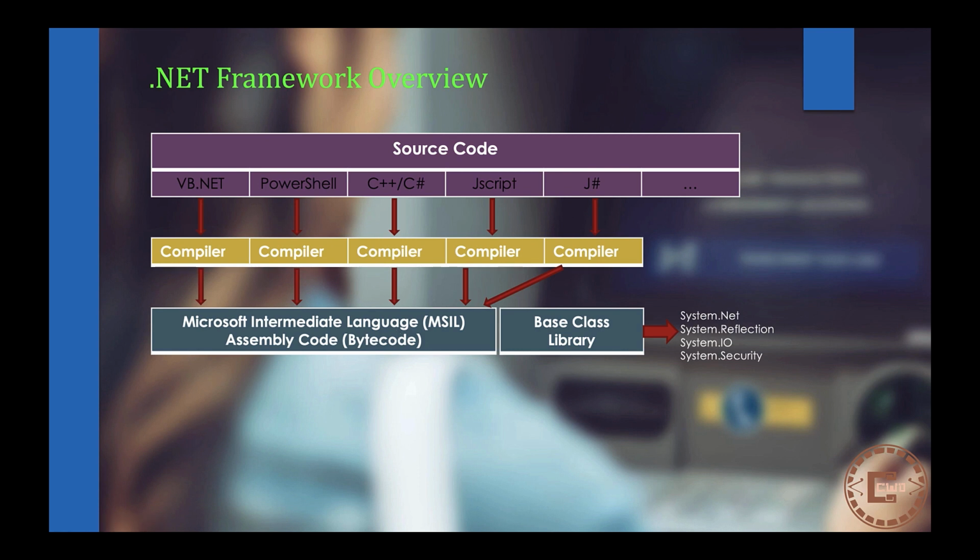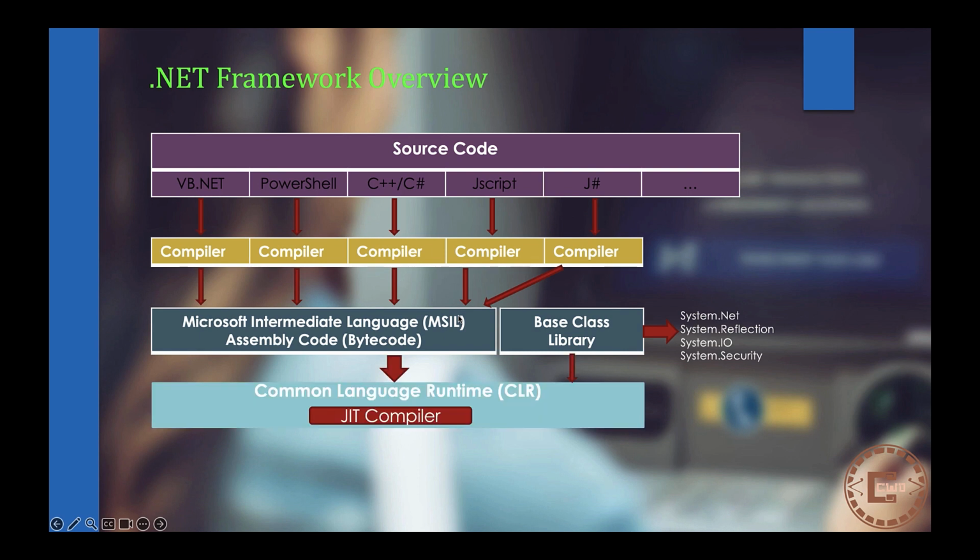Then from here you can start calling class libraries like System.Net, Reflection, Security, so you can add that functionality. And after that, you can call the CLR, the common language runtime, which is basically the bridge between what is called the managed code, which is the code above.